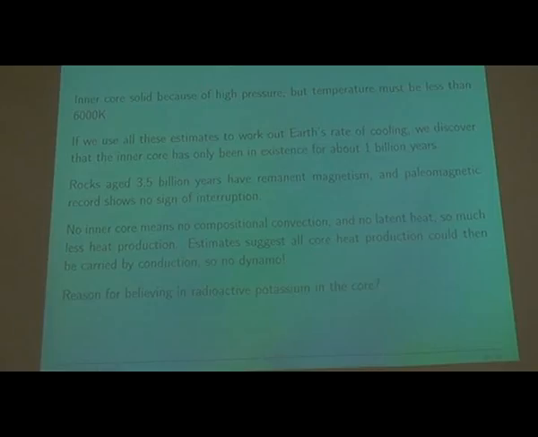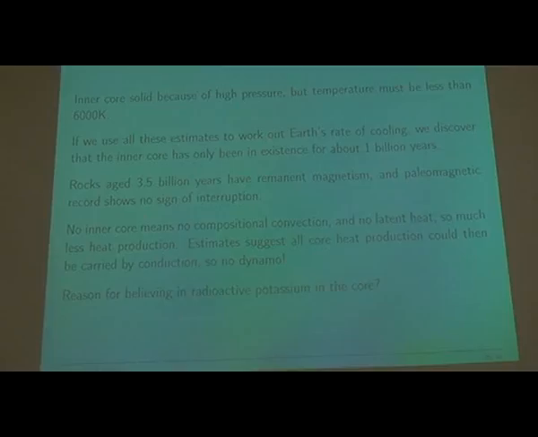The inner core didn't come into existence more than 1 billion years ago, and the Earth's been around for 4.5 billion years, and as I said earlier, the magnetic field has been around for at least 3.5 billion years, so the magnetic field is a lot older than the inner core, assuming that our basic ideas of structure are correct. So there's a little problem there, because no inner core means no compositional convection, of course.